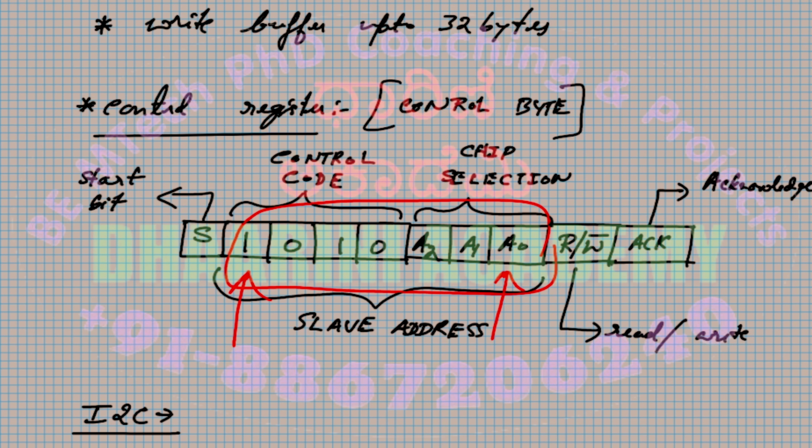Initially I try to send this as the control byte. Later on I'll be sending the message I want to write, that's all. There is nothing much other than that. I'm going to show you that in detail when we write the program.